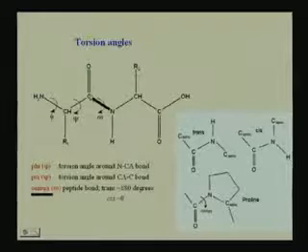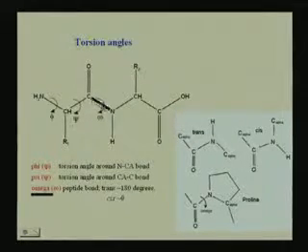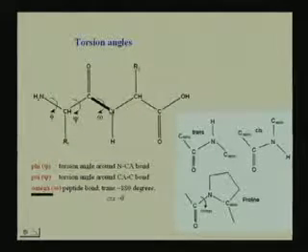Now, in the partial double bond character, what will this impart to the polypeptide chain? It will impart a rigidity, right? What do I mean by a rigidity? It will not allow a rotation about the peptide bond in the polypeptide chain. It will restrict the rotation because it is now partially double bonded in character.